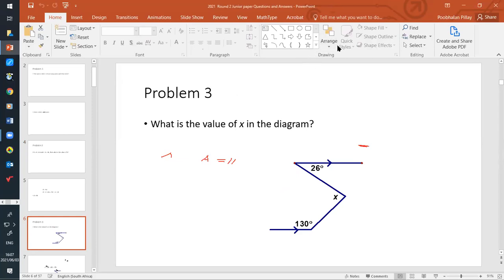we have a diagram here. So evidently it's a geometry question. And you have this kind of a zigzag shape. You're given 2 angles and you're asked to calculate the third one.